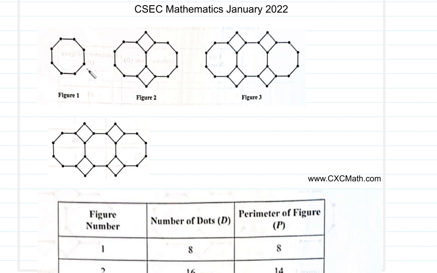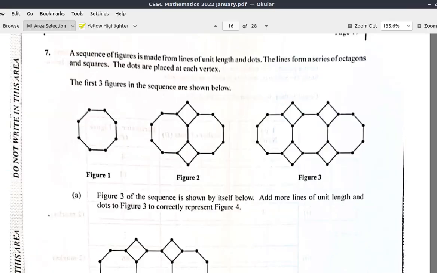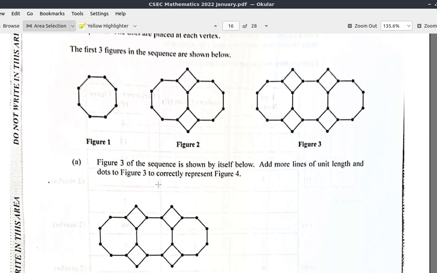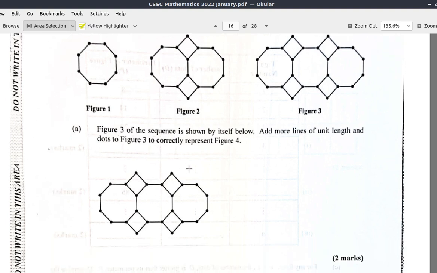When you add another octagon to it, you also add 2 squares. So that's the pattern that's being formed here. Figure 3 of the sequence is shown by itself below. So you have figure 3 down here.